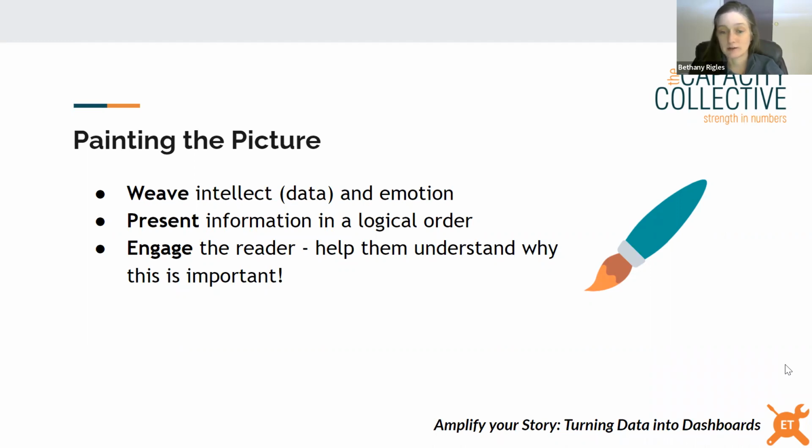That gets at the heart, but you need to back it up with data. You also want to present information in a logical order. I think we've all probably read something that flowed really well and took us seamlessly from point A to point B. And that's really what you're striving for with grant writing.